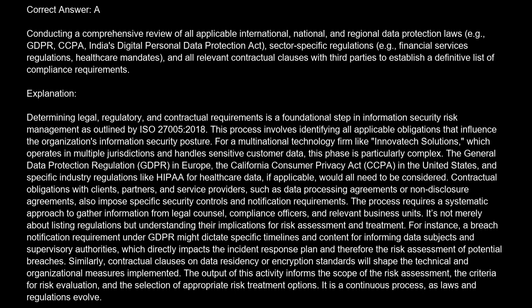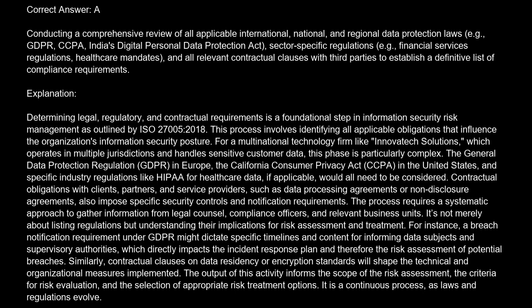Contractual obligations with clients, partners, and service providers, such as data processing agreements or non-disclosure agreements, also impose specific security controls and notification requirements. The process requires a systematic approach to gather information from legal counsel, compliance officers, and relevant business units. It's not merely about listing regulations, but understanding their implications for risk assessment and treatment.